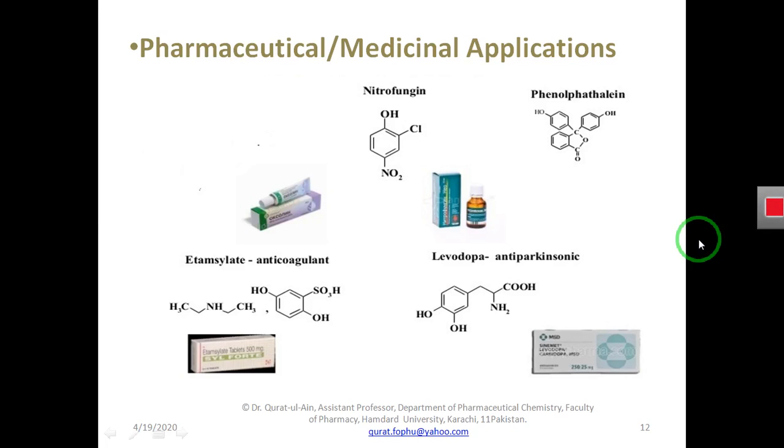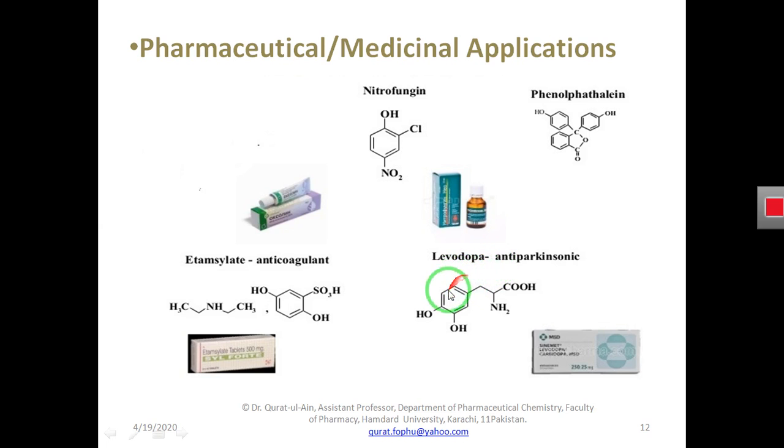Phenols exhibit various medicinal and pharmaceutical applications, like nitrofuran. It is a phenol, 2-chloro 4-nitrophenol. This is an antifungal drug that is used for cutaneous fungal infection. However, levodopa is an antipsychotic drug.